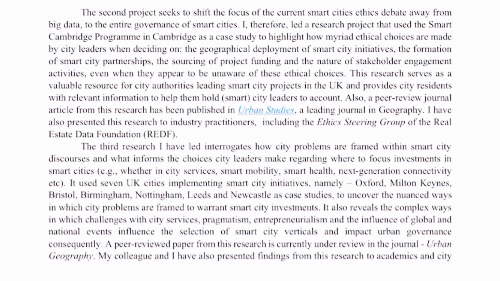I talked about how the second project seeks to shift the focus of the current smart cities ethics debate away from big data to the entire governance of smart cities. I led a project that used the Smart Cambridge program as a case study to highlight how ethical choices are made by city leaders when deciding on smart city projects. I was very intentional here. I mentioned the Smart Cambridge program because Cambridge is a pivotal city in the UK.